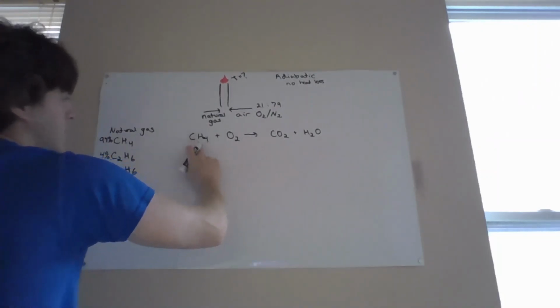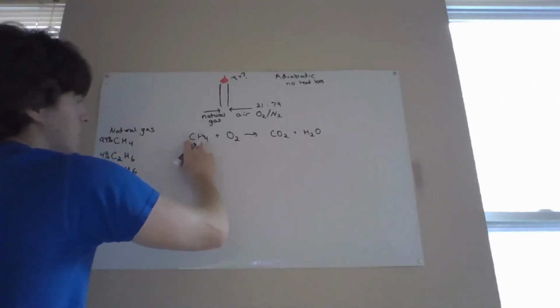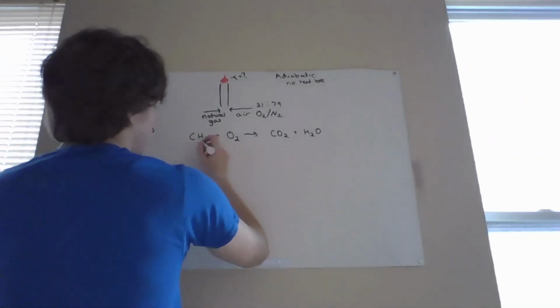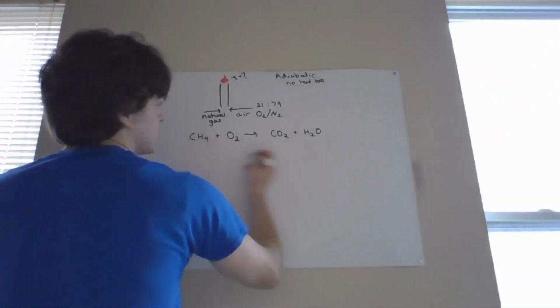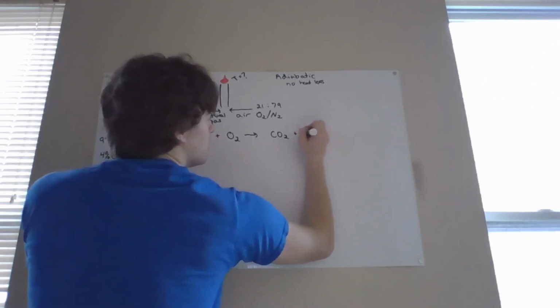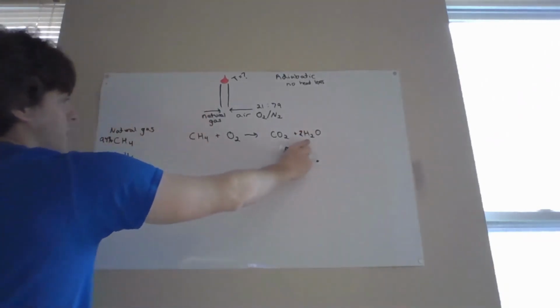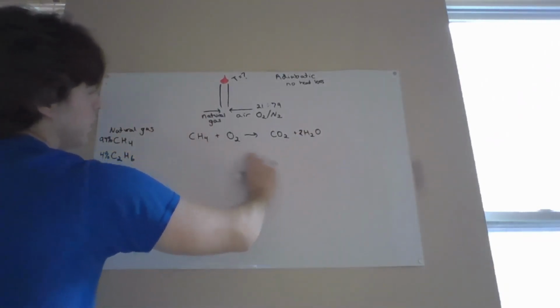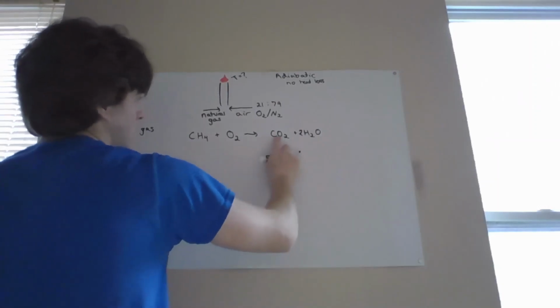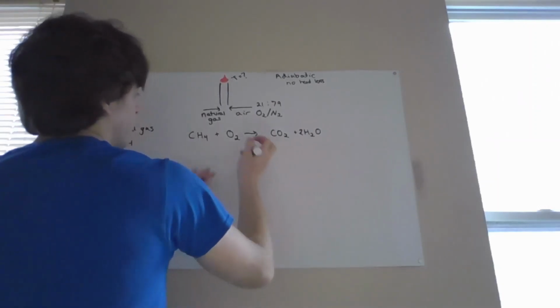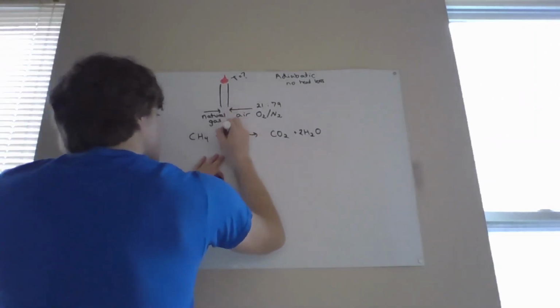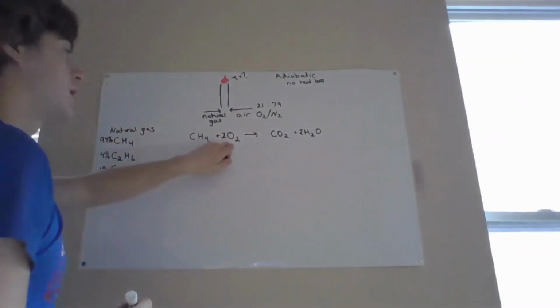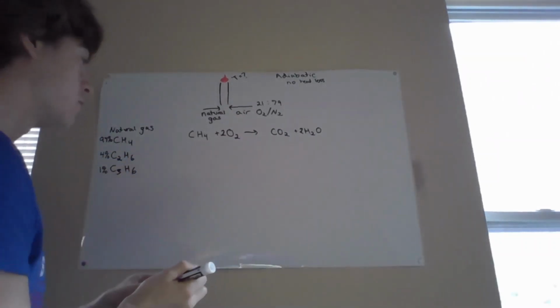Then we need to balance the hydrogens in the hydrocarbon. We have 4 on this side, and we need 2 moles of water to account for that many hydrogens. Now we need to balance the oxygens. There's a total of 4 on the right hand side, so we need 2 moles of oxygen to have a total of 4 moles of O.